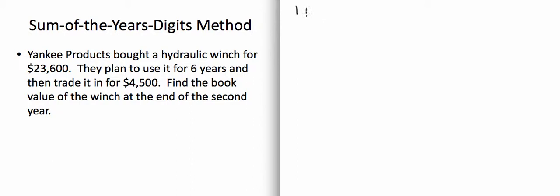So the first thing we're going to do is find the sum of the years digits. Since they're using it for 6 years, we add up all the way up to 6. And that's going to give us a value of 21. So that's the key value we need to start off with. The next thing we need to find is the value of depreciation.